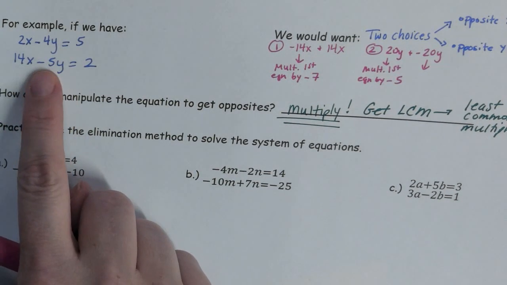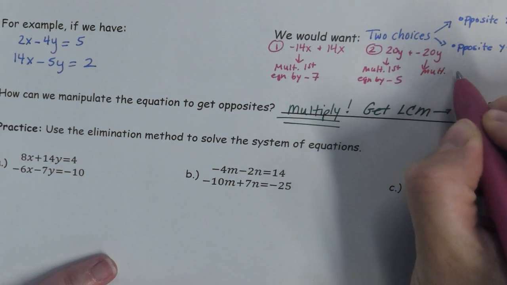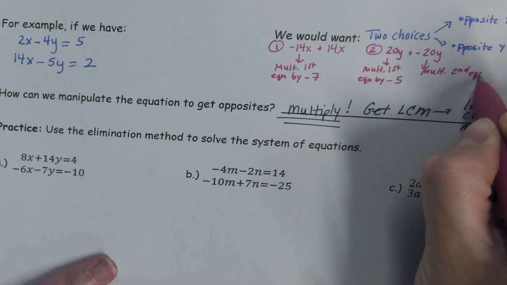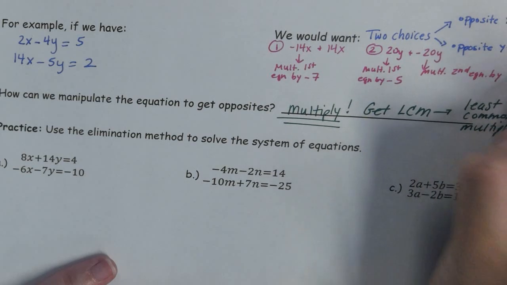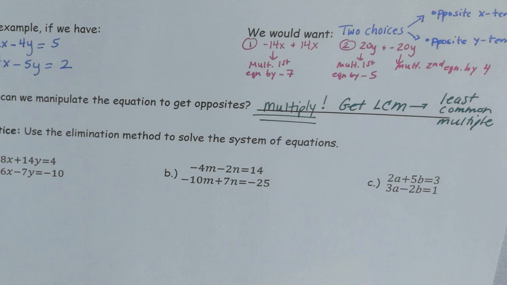What would I multiply this by? I'd just multiply by 4. So multiply the second equation by 4. So again, you have two choices. You can solve the system of equations doing either one, but between choice 1 and 2, what's probably going to be a little bit less work?